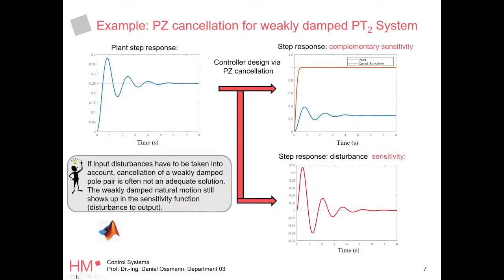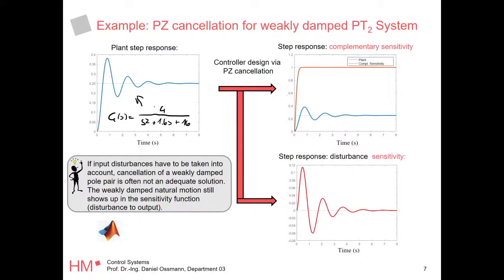Okay, let me switch to my laser pointer. This is the open loop, right? This is just our system itself. This was this second order system, G of S being, I don't remember exactly, 4 over S squared plus 1.6 S plus 16.